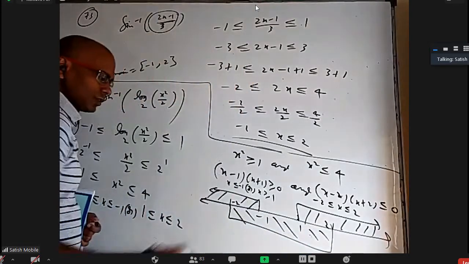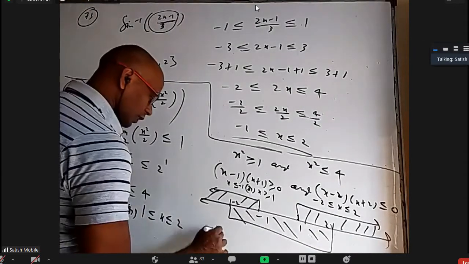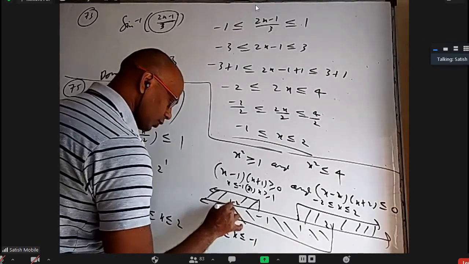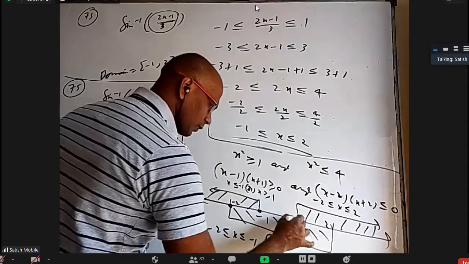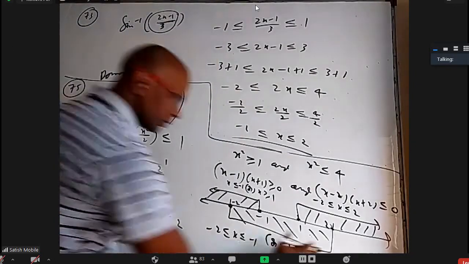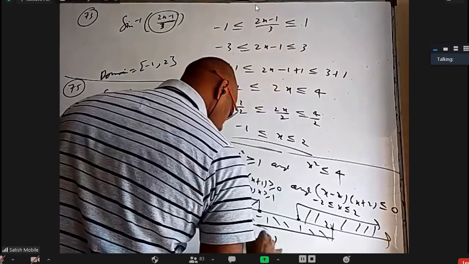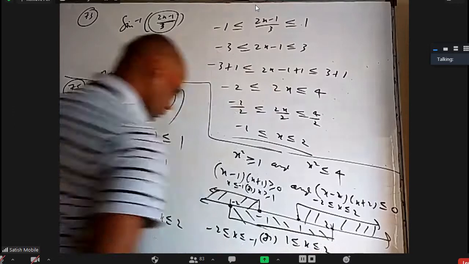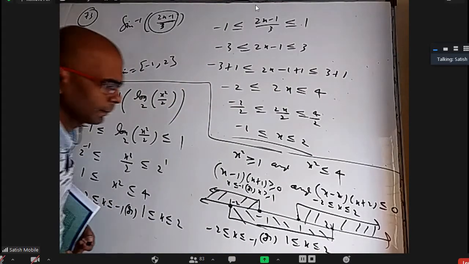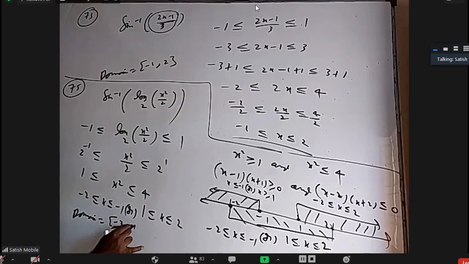When you take the intersection of this region and this region, minus 2 less than or equal to x less than or equal to minus 1, or 1 less than or equal to x less than or equal to 2. So finally the domain equals closed interval minus 2 to minus 1 union 1 to 2.